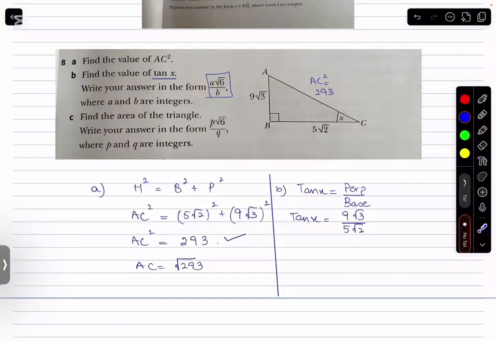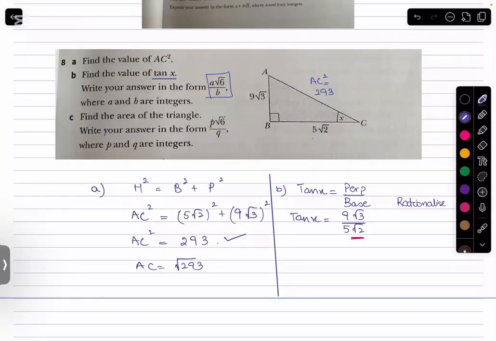Rationalize करने का क्या मतलब है? Rationalize करने का मतलब है कि हम denominator से square root को हटा दें, eliminate कर दें. How to do that? You need to multiply and divide by square root of 2. ठीक है, हमारा इस वक्त ऑब्जेक्टिव क्या है? The objective is कि हम इस square root को eliminate कर दें. So I will be rationalizing it.